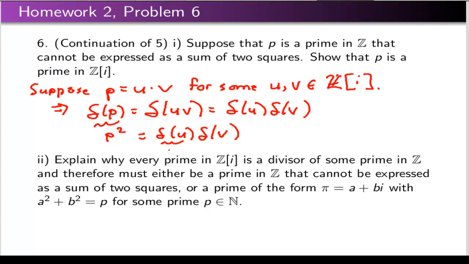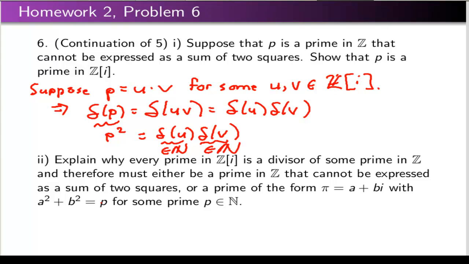This is a natural number, this is a natural number. How is it possible to have a product of two natural numbers equaling p squared? Well, there's only a couple ways that can happen. You could have 1 times p squared, or you could have p times p.